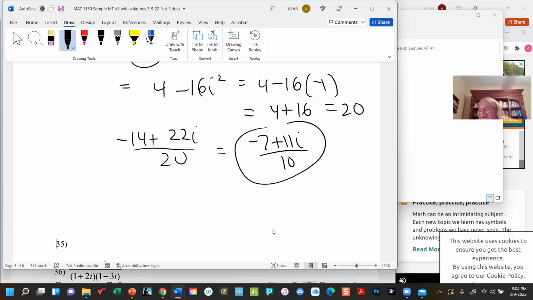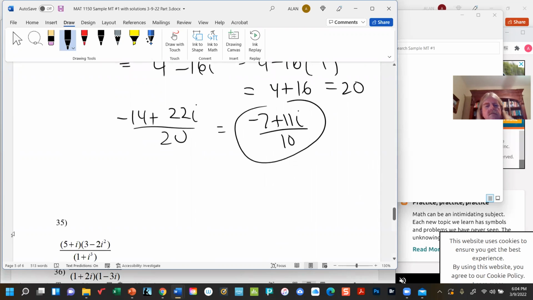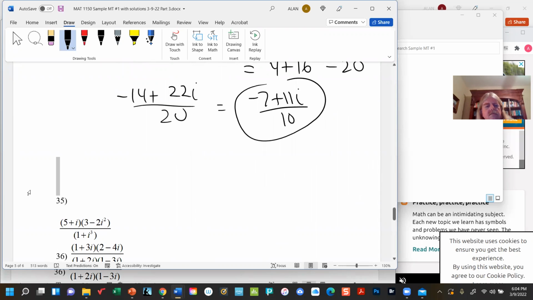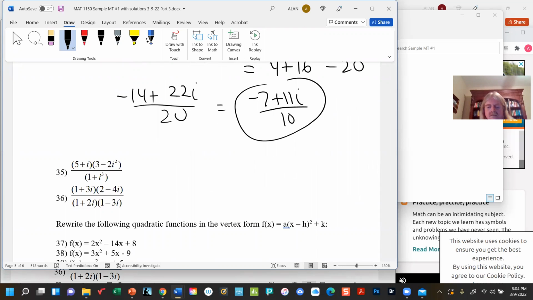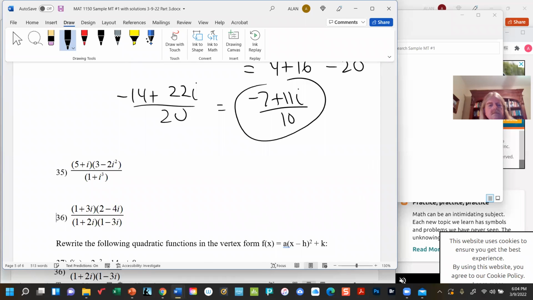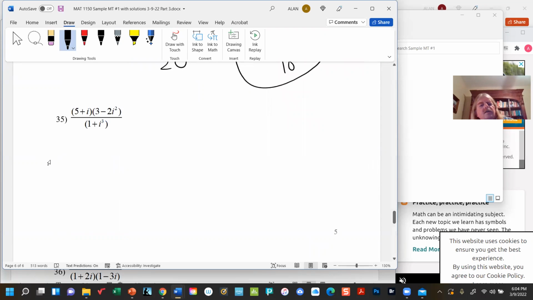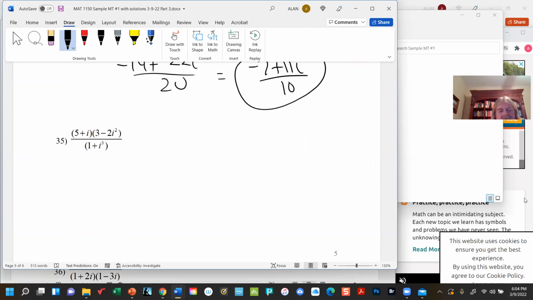All right, now how about this one? All right, so in the numerator, we can apply FOIL. We can't do that in the denominator.